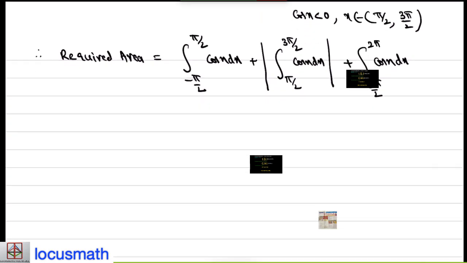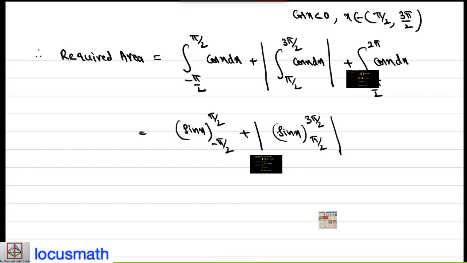Now we calculate this. The integration of cos x is sin x. Here the limits are from minus pi by 2 to pi by 2, plus mod of the integration of cos x, which is sin x, from pi by 2 to 3 pi by 2, plus the integration of cos x, which is sin x, with limits from 3 pi by 2 to 2 pi.